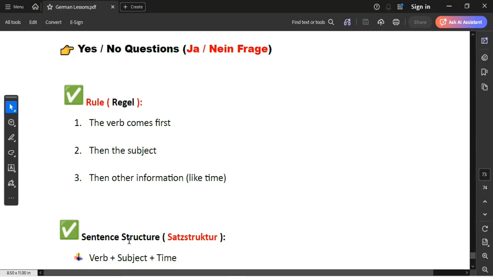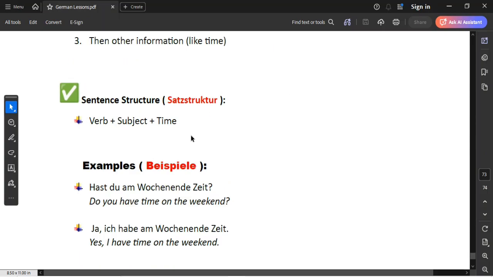The key thing is that we are always starting with the verb, then followed by the subject. Unlike the statement, where you start with the subject, or we can also start with the time, but the verb was always in the second position. But in this case, the verb comes first.